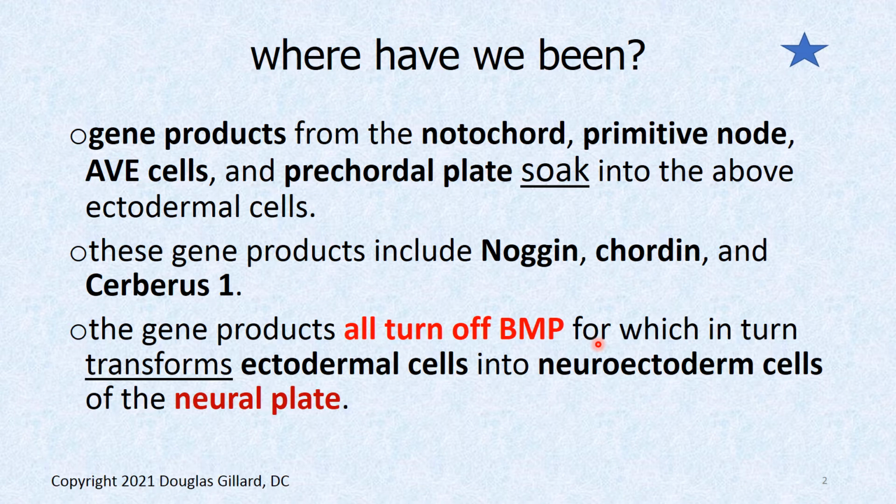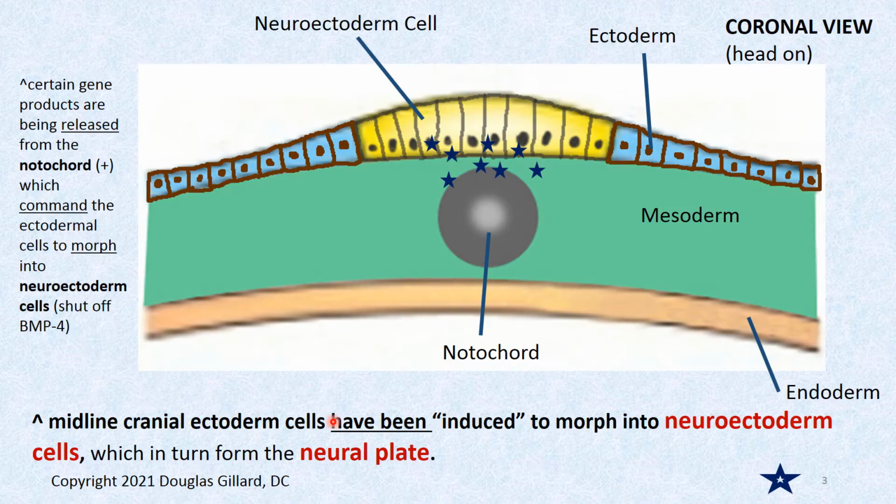They all turn off BMP. When you turn off BMP in an ectoderm cell, it goes back to its default state, which is that of neural tissue. And so this is how we formed the neural ectoderm cells. And we specifically made a neural plate.